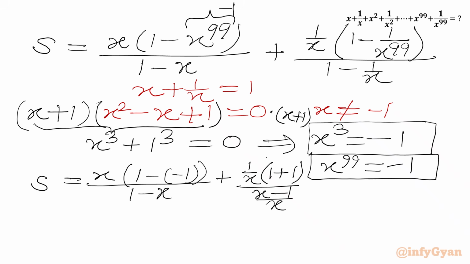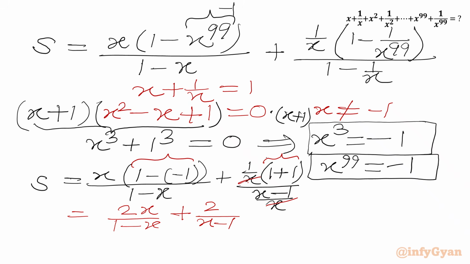Now we have to simplify. So I can cancel this x from numerator and denominator. This is 2. Here we have 2. I can write 2x over 1 minus x, plus I can write here 2 over x minus 1. Now we can make our denominators the same by taking minus common there.